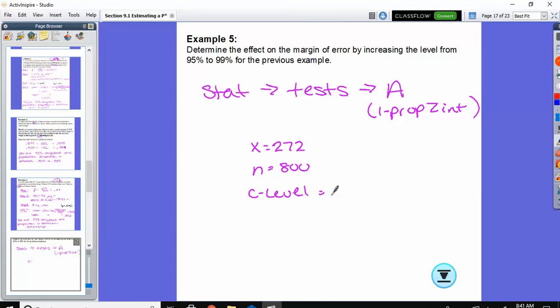I want to be 99% this time, so you have to do 0.99. And then you can just hit enter, so it'll calculate. And so it comes out to 0.29686, comma, 0.38314. So this was my lower and my upper.